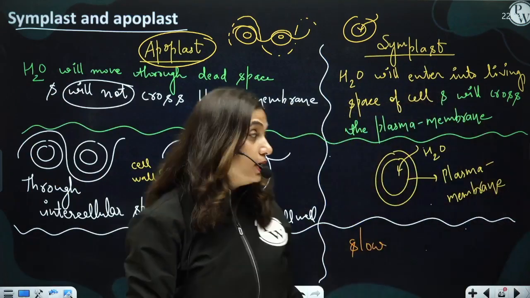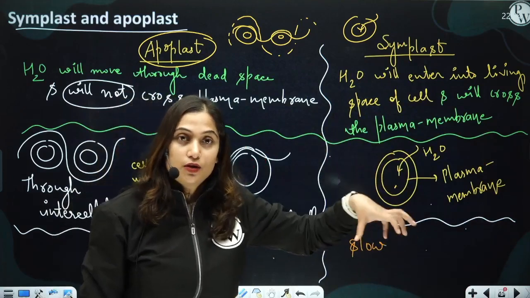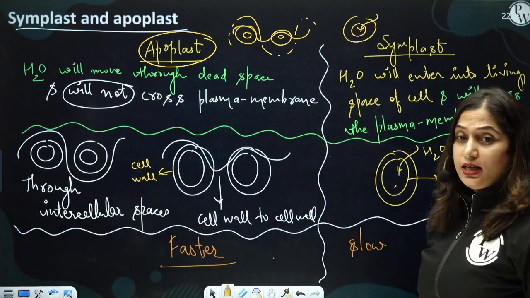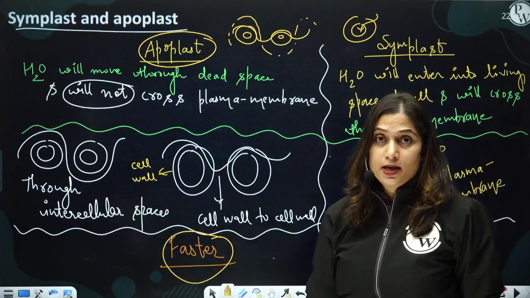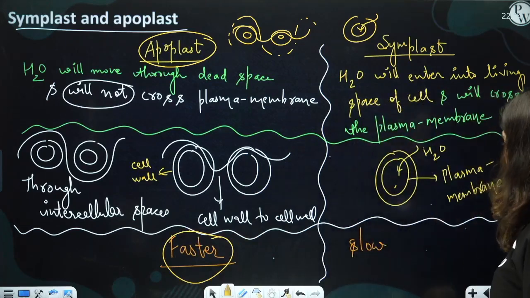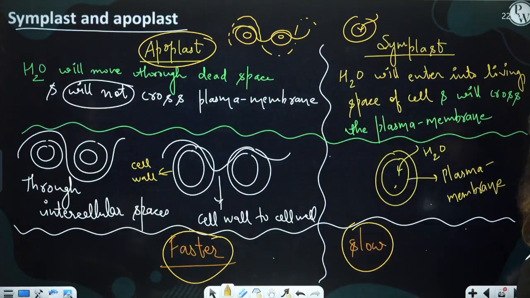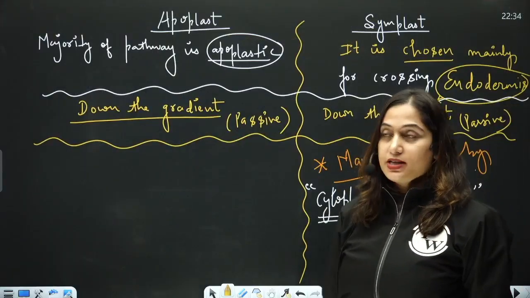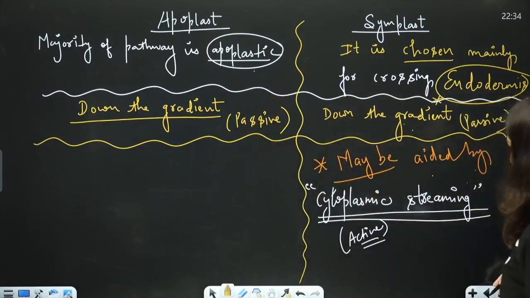But here the water enters through the plasma membrane into the living space of the cell. Obviously the apoplastic pathway is faster because it is moving through dead space, but the symplastic pathway is a bit slow. Majority of the pathway of water is apoplastic. Majority of it. How? Let's understand.